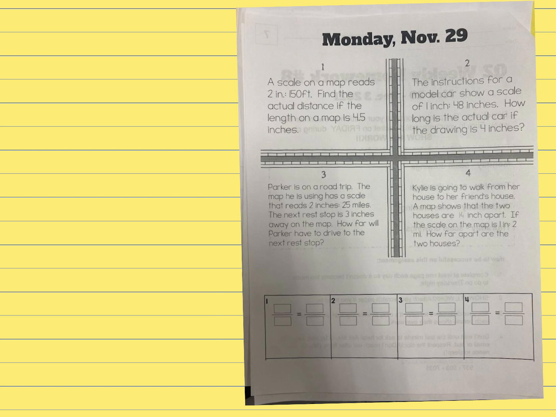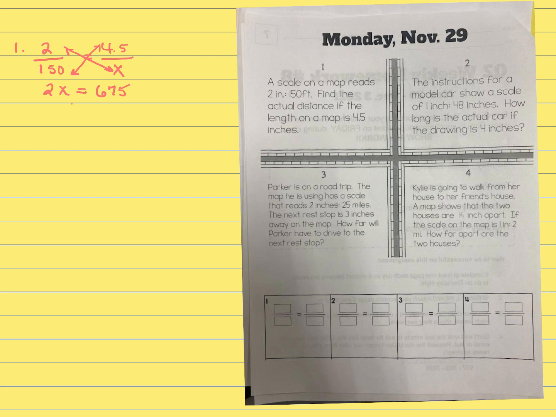So you want to set it up 2 inches is to 150 feet as 4.5 inches is to X amount of feet. And then you cross multiply. 2x equals, and then you cross multiply here. 4.5 times 150 is 675.